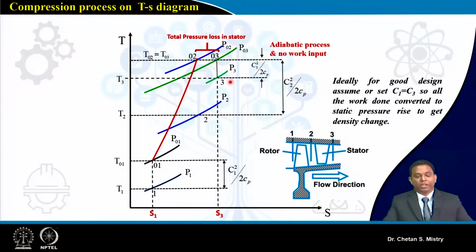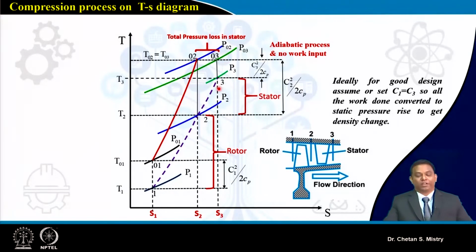If I represent this as a process, then from 1 to 2 I will be having a rise of pressure, that's my static pressure rise, and this is what is happening inside my rotor. I will be having the rise of pressure from station 2 to 3, that's what is happening in my stator.